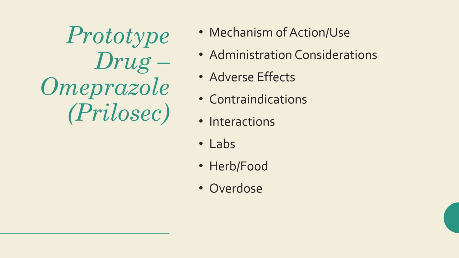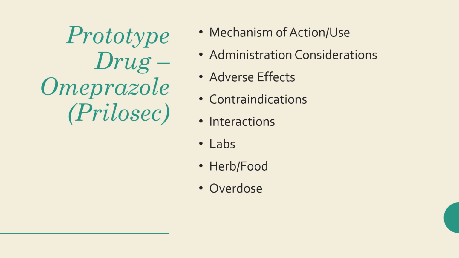As always, look at contraindications. Don't use if they have a hypersensitivity to the drug, and you want to be mindful when this is used with CNS depressants, Coumadin or alcohol use.